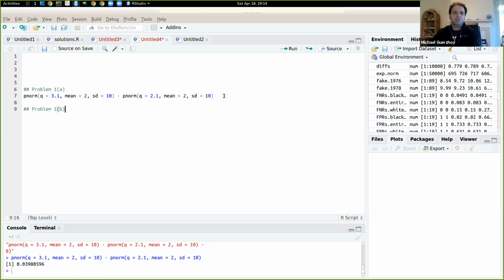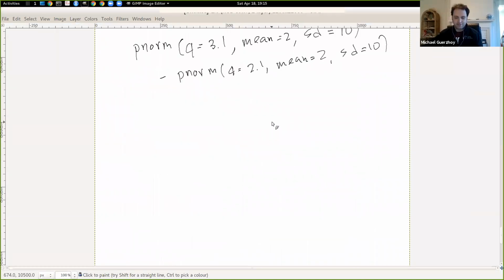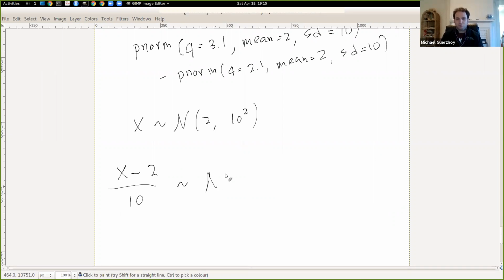Now we want to do it a different way. The question now is, we want to get the same thing, but we need to use pnorm with mean equals 0 and SD equals 1. The thing we'll use here is that we start with x being normal with mean 2 and variance 10 squared, and what we know is that x minus 2 divided by 10 is normal 0, 1.